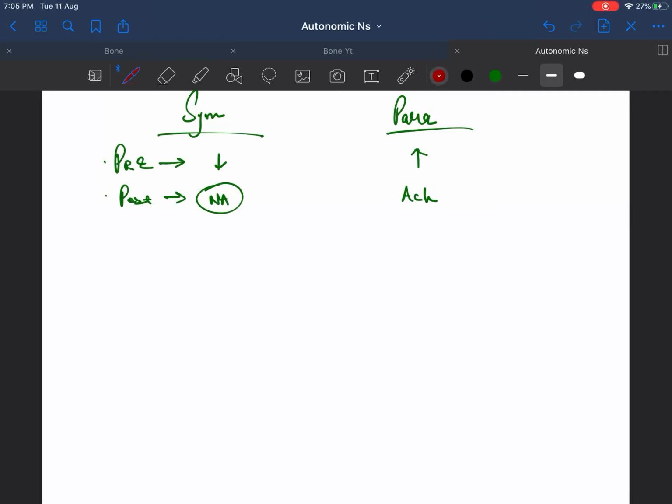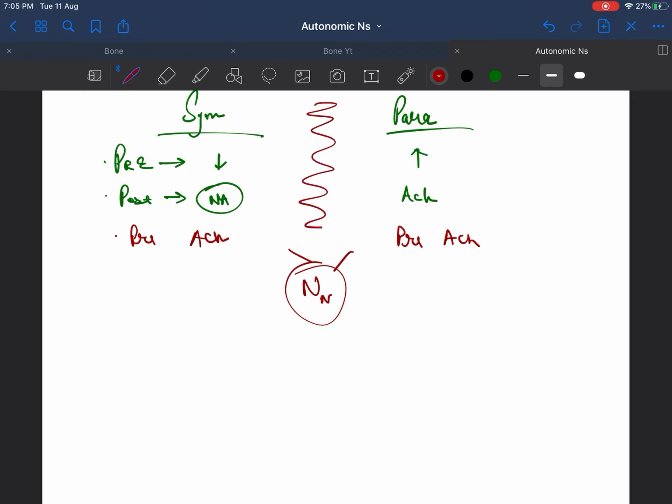The similarity between them is that the preganglionic fibers in both cases secrete ACH, and the ganglions both have nicotinic receptors at them. So this is the basics of what we should know about the sympathetic and the parasympathetic system.